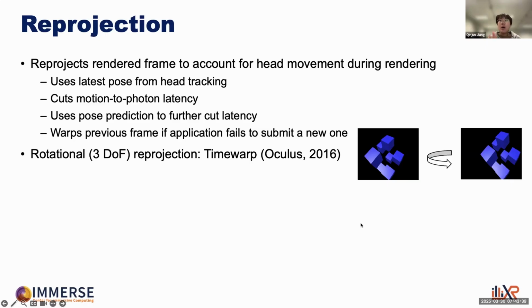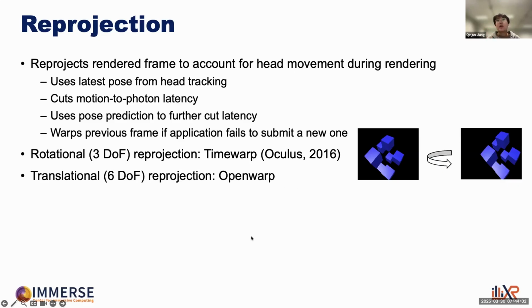One common implementation of reprojection is called rotational reprojection or 3-DoF reprojection, which means we are only counting the rotational motions of the user. This is also commonly known as time warp, and it is implemented in ILLIXR based on an implementation from Oculus from 2016.